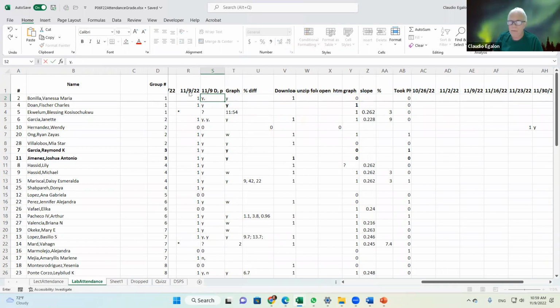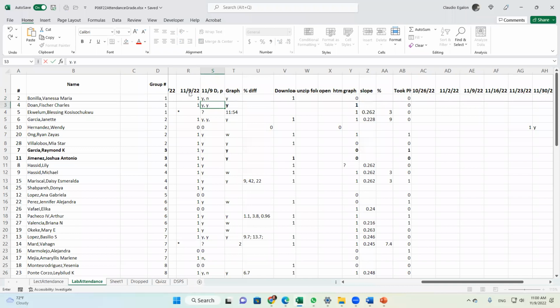Okay, did you plot the graph? Not yet. Okay, good. So I'll get to you. Hang in there. Fisher, did you download the spreadsheet? Did you plot the graph, Fisher? Yes, I got a slope of 1.2. Okay, I'll check that.